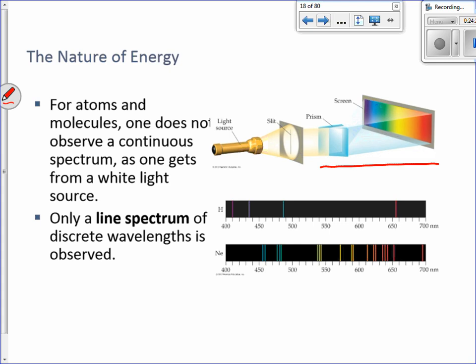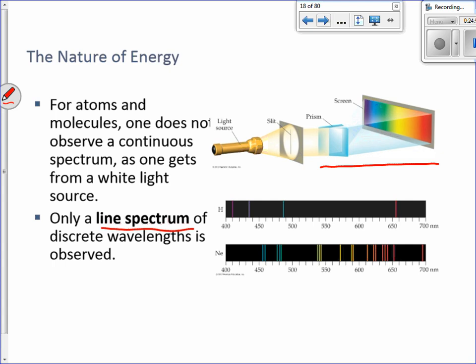Okay, white light gets refracted, you see a beautiful rainbow. On the line spectrum, though, if you put a gaseous component inside the tube and you have the light go through it, through the slits and so forth, you end up with only distinct lines up here. So this kind of ends up being like the atom's fingerprint. Okay. So as you can see, hydrogen produces 4 distinct lines of color.